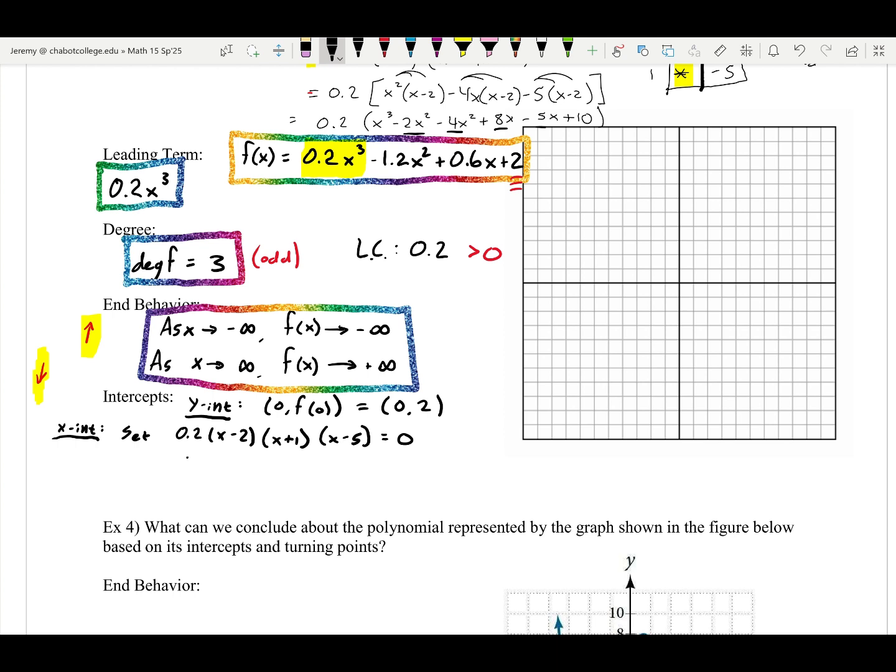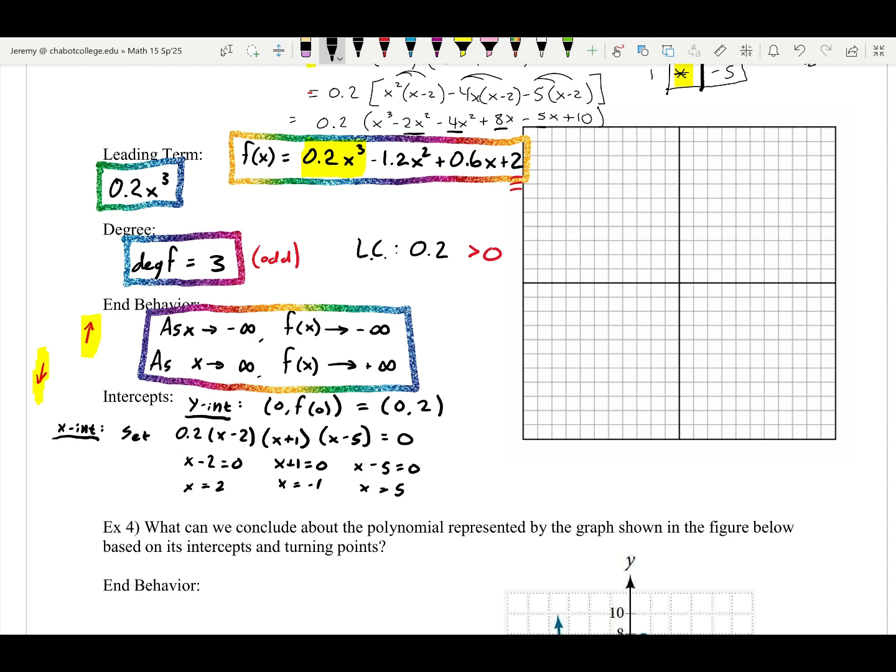So I'm just looking for the values of x that make any of these factors equal to 0. So I'll set x minus 2 equal to 0, x plus 1 equal to 0, x minus 5 equal to 0, and solve for x. So x equals 2, x equals negative 1, x equals positive 5.